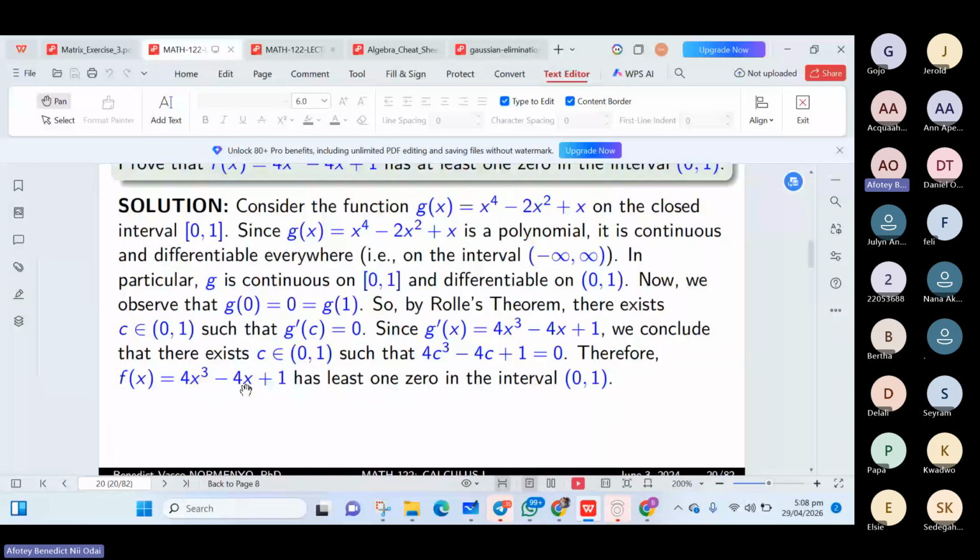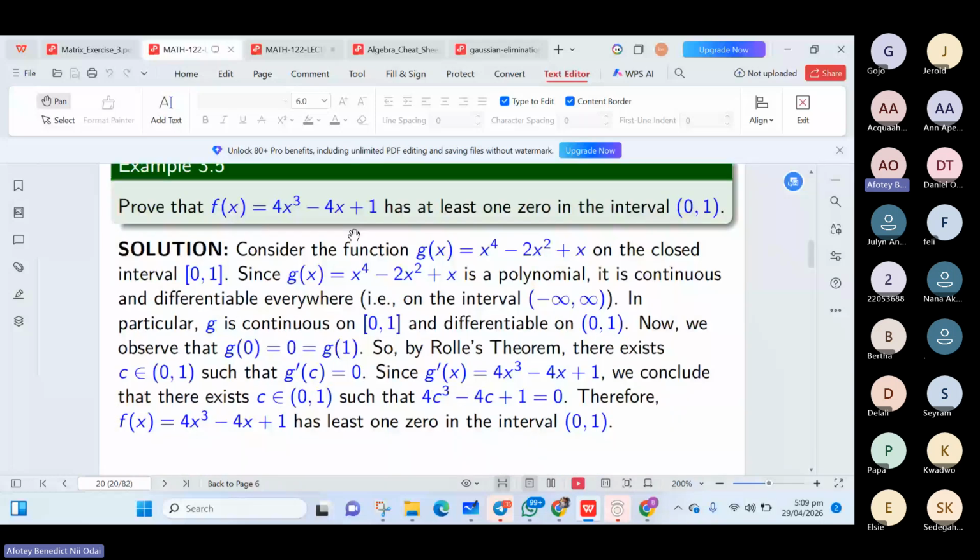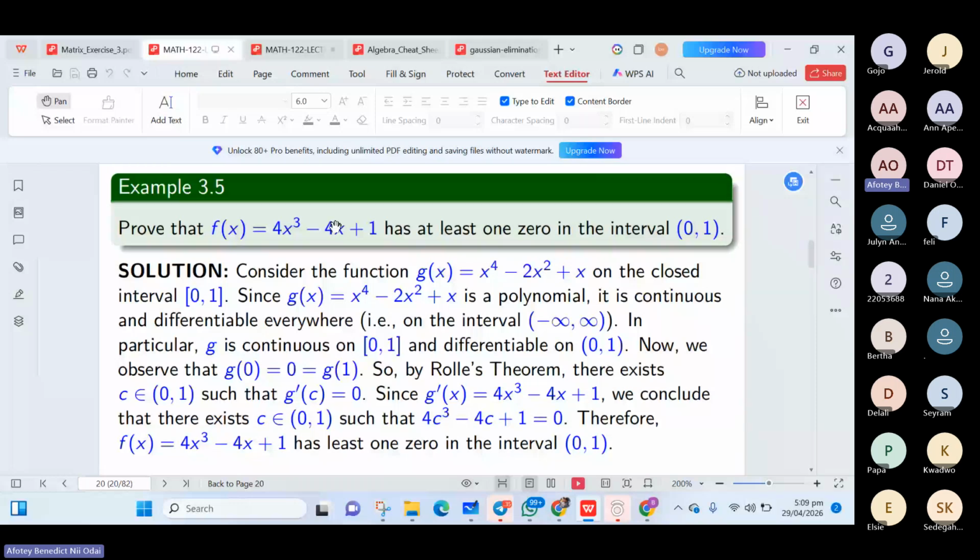Wait, what am I even talking about? Prove that f of x is equal to 4x has at least. So for the Bolzano's theorem, we saw that it has at least, like Bolzano is also at least.